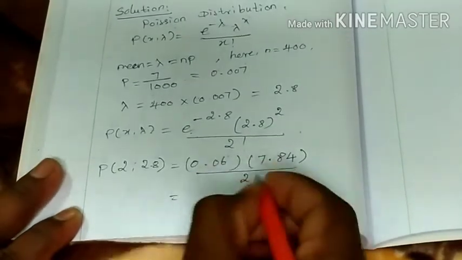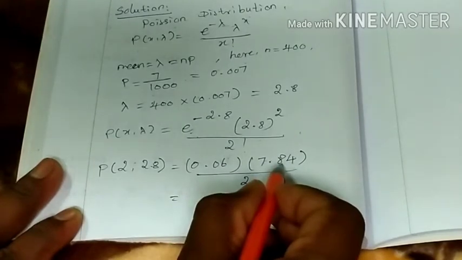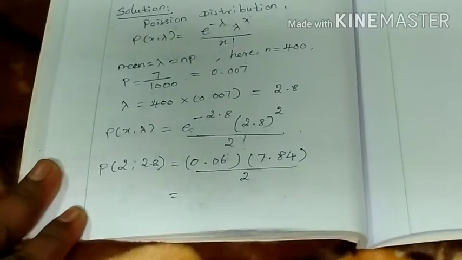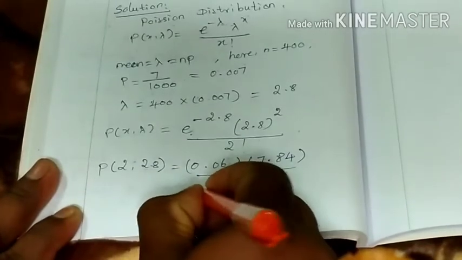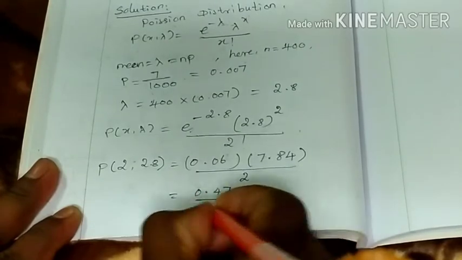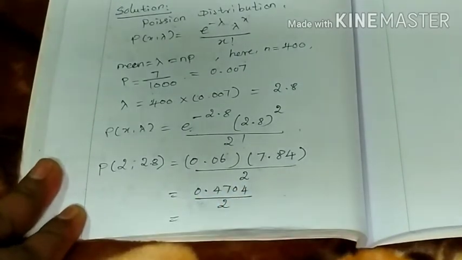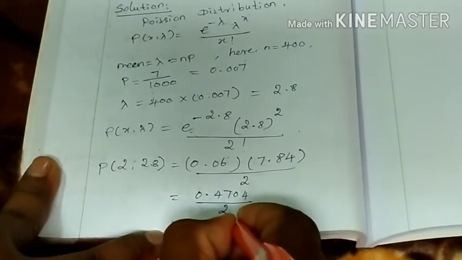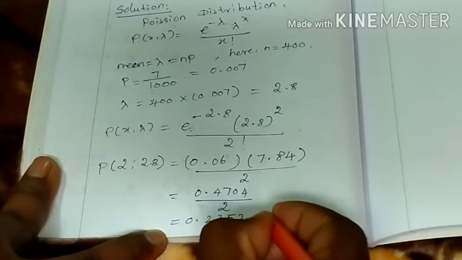Then multiplying the numerator value 7.84 into 0.06, we get 0.4704. Divided by 2, we get 0.2352.